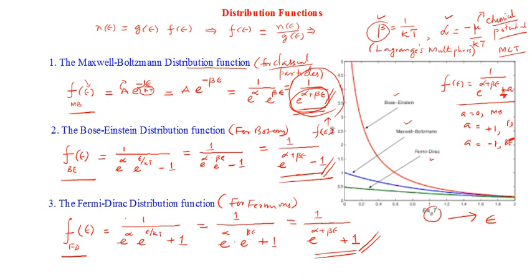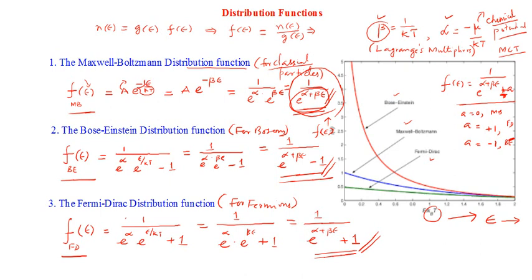And you can see that all these three distribution functions are coinciding when energy is high. So at the high energy limit, not the high temperature limit, we can see the two quantum distribution functions, namely the Bose-Einstein function and the Fermi-Dirac function, are merging with, or coinciding with, the Maxwell-Boltzmann.